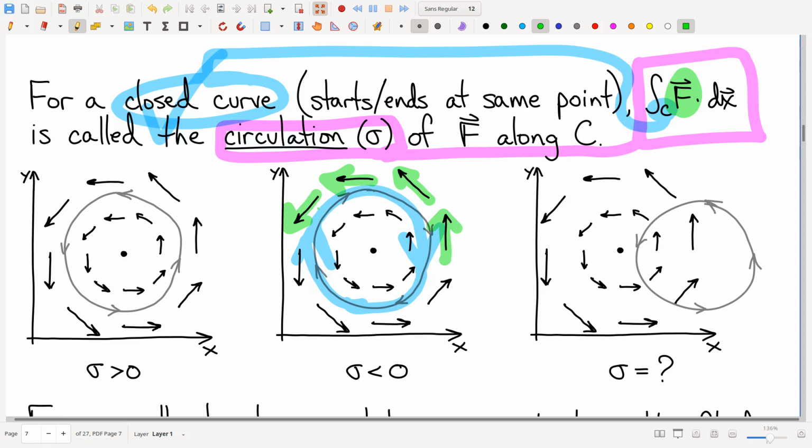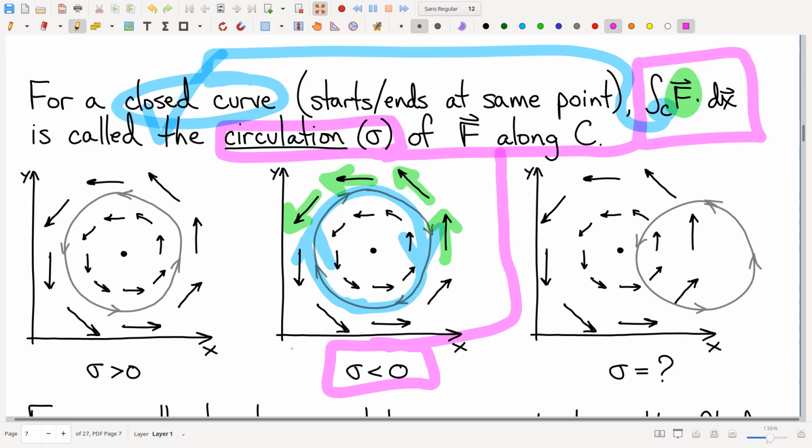You can see from the picture, I hope, that everywhere along this curve, the fluid is flowing opposite of the direction of the curve. It's not going along the curve, it's going backwards from the direction of the curve. So, keeping in mind that we're looking at dot products, when you have vectors that are pointing in opposite directions, the dot product's negative. Right? So each little piece of the vector line integral along this curve is going to be negative, and so for this one we expect our circulation to be negative.